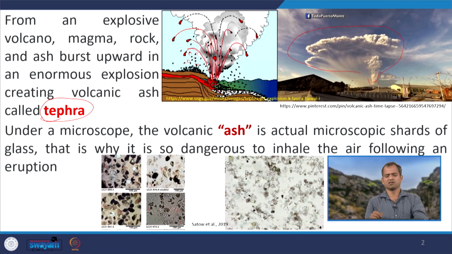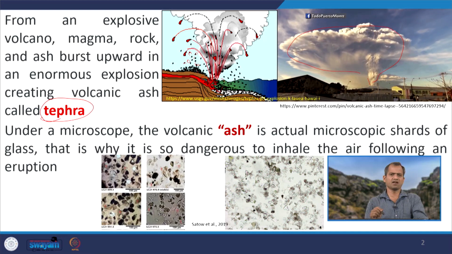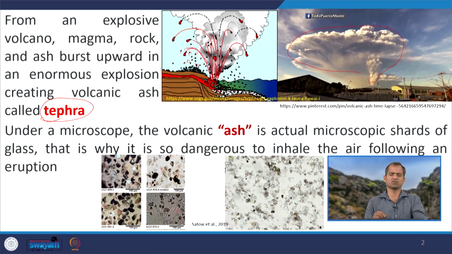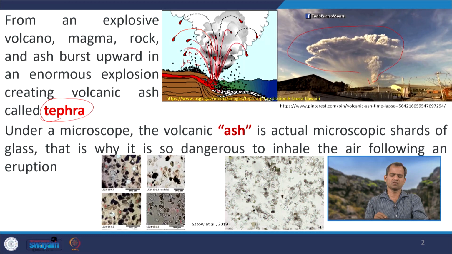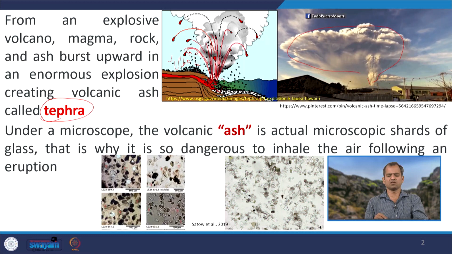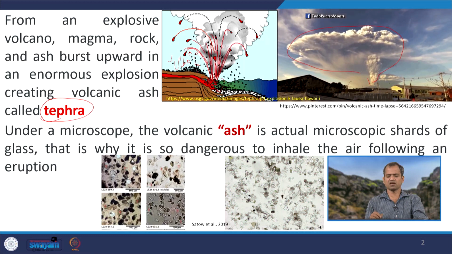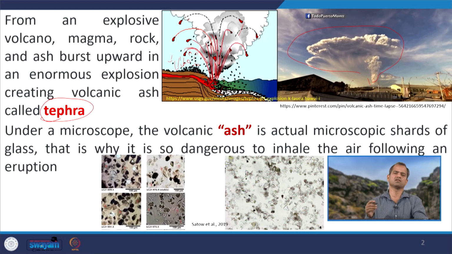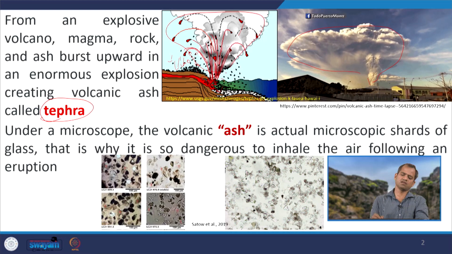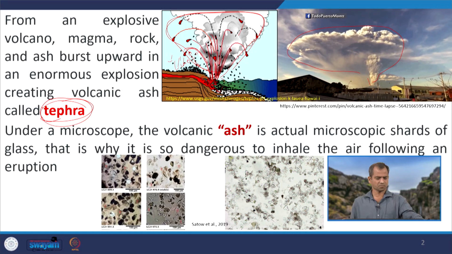The fragments may be broken fragments from the surrounding rock, or material ejected from the volcano, that is the lava, which, while coming back through the atmosphere, solidifies and forms rock fragments. In addition to that, we have a huge amount of gaseous material coming out. So except the lava, all this material collectively is called tephra, the broken fragments.